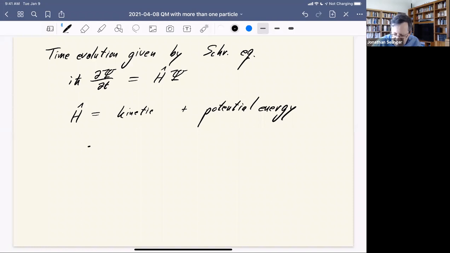So the kinetic energy, that should be the momentum squared of particle 1 divided by 2 times the mass, and then the same for particle 2.